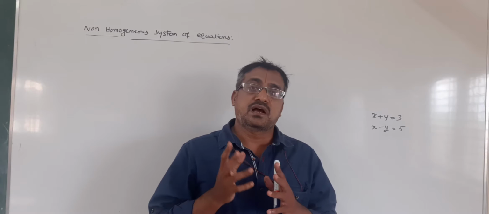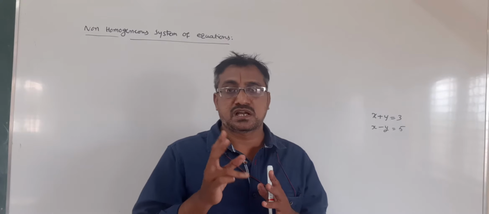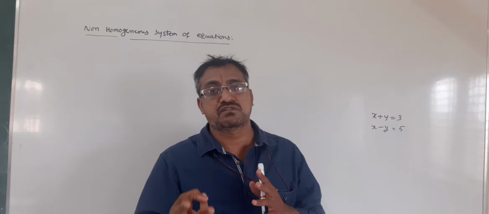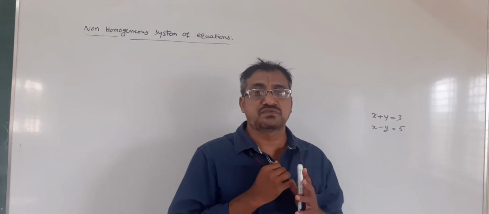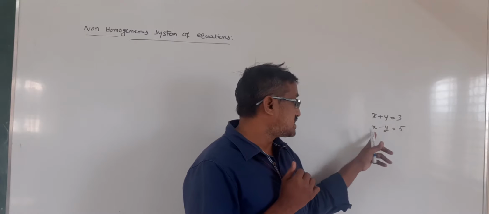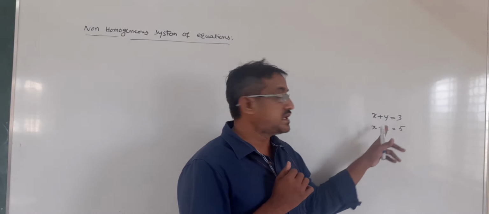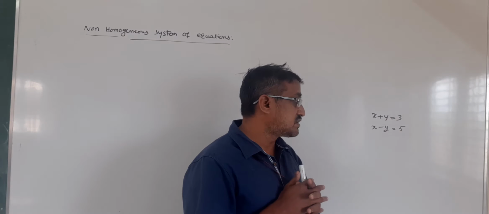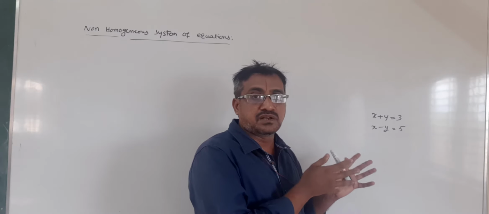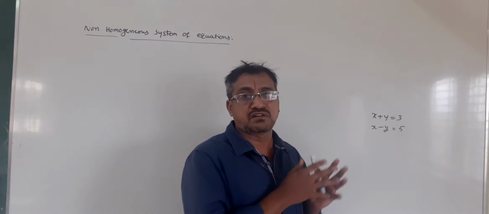Remember, if you have 2 equations and 2 variables, then you can solve those 2 equations and find those variables. Now you can see you have 2 equations, x plus y is equal to 3 and x minus y is equal to 5. So you can solve these equations and find those variables x and y.